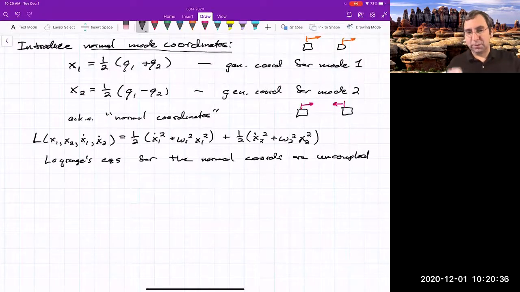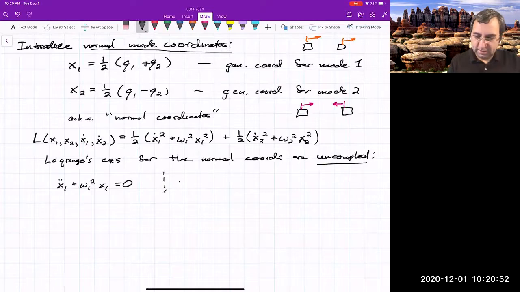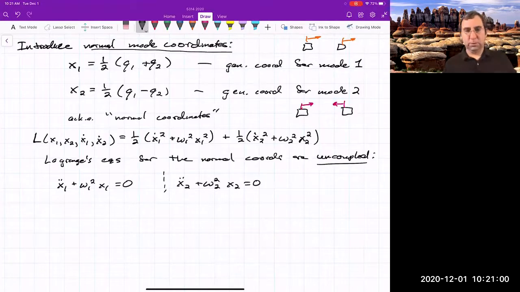And you could see that from the form of the matrices. Here, the T and U matrices would look very, very simple. And the equations of motion we get are very simple, right? We've got that, and then we've got this. Uncoupled.